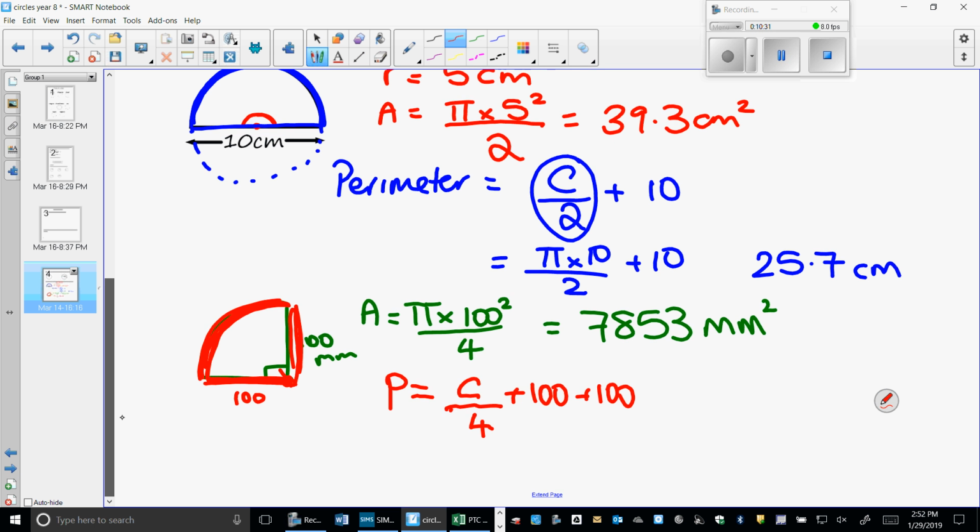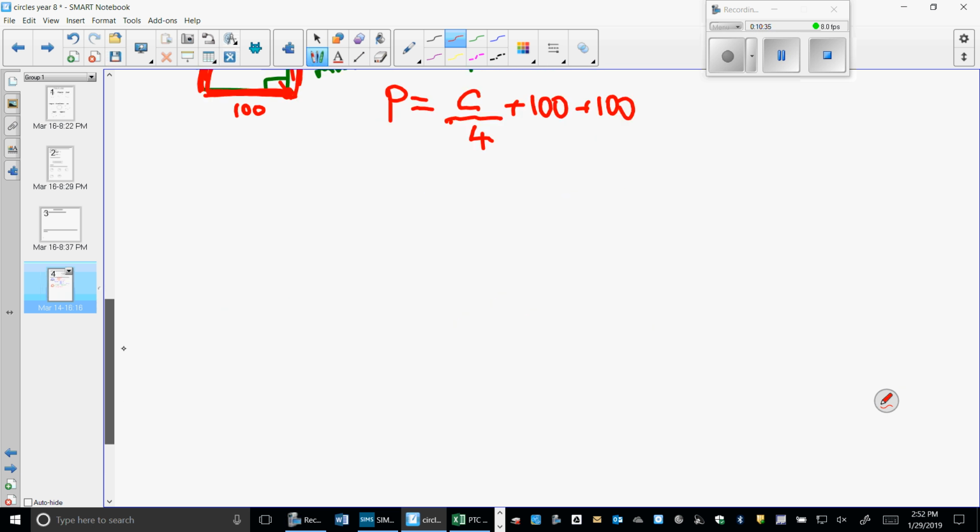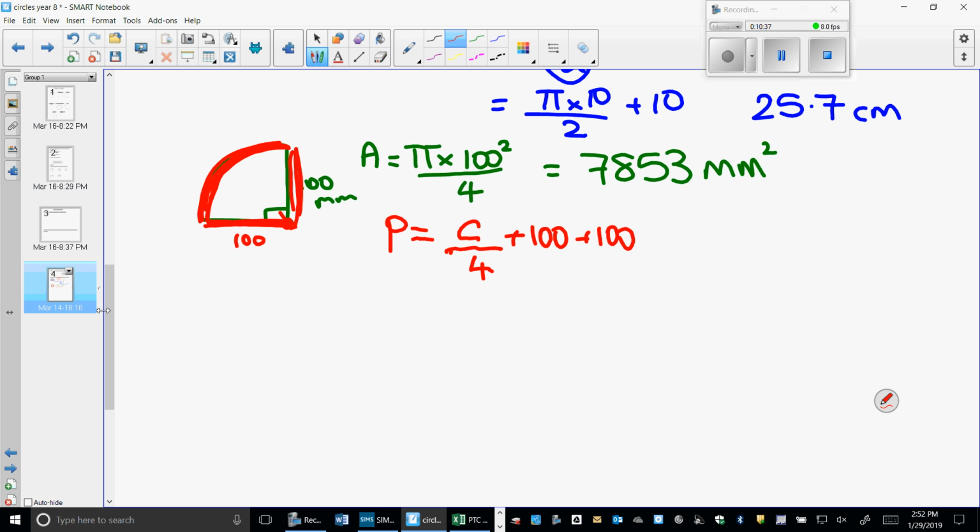Right, okay, so hang on a second. So the circumference of this shape here, which formula is it better to use for this one? Is it better to use C equals 2 pi r or C equals pi d?